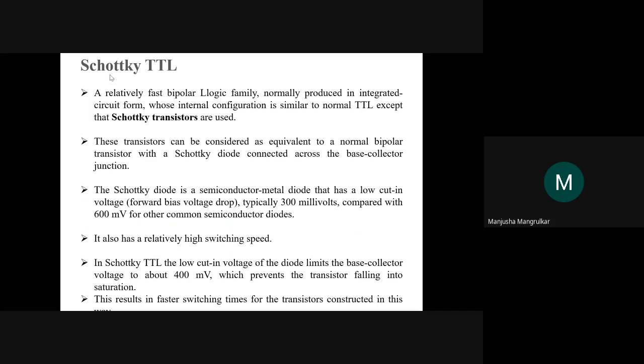Now the Schottky transistor means what? It is the same as a BJT transistor, but between the collector and base it uses the Schottky diode. Now the Schottky diode is a semiconductor-metal diode. It has a low cut-in voltage, that is 300 millivolt. It is very fast in switching from one region to another region.